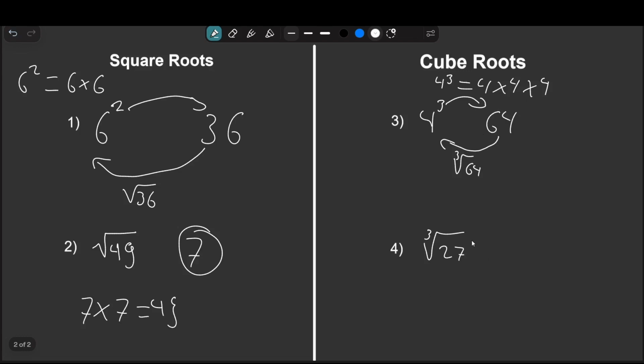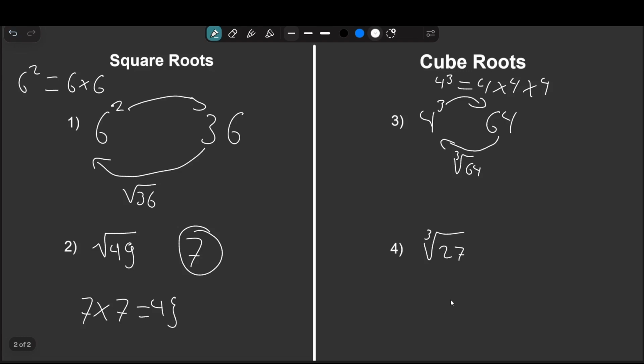Now, we can do the exact same thing for 27. For the cubed root of 27, something times itself 3 times will equal 27. We just have to figure out what that number is.